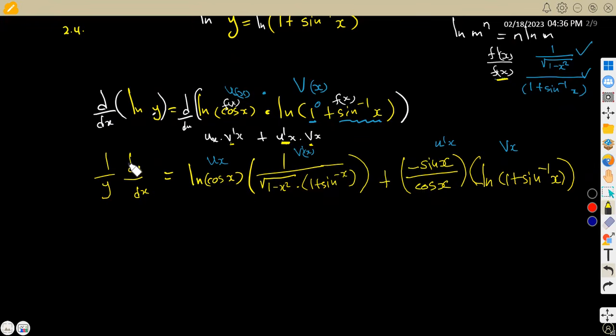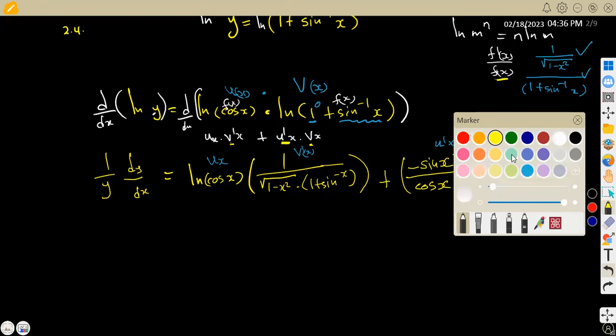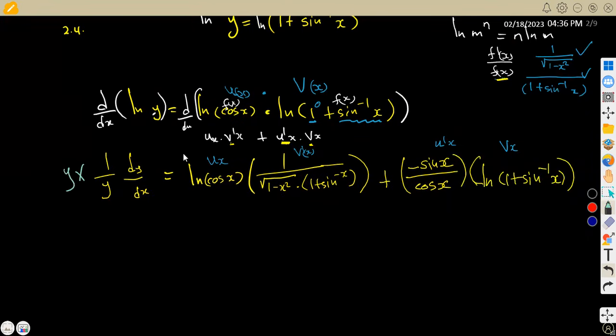So by remaining with the dy dx here, it means we can multiply by y both sides. If you multiply by y here, everything here has to be multiplied by y, so that this can cancel and you remain with dy dx. So our dy dx in this manner is going to be equivalent to the ln of cos multiplied to this.